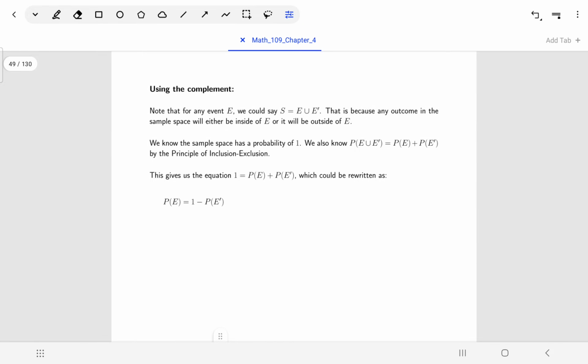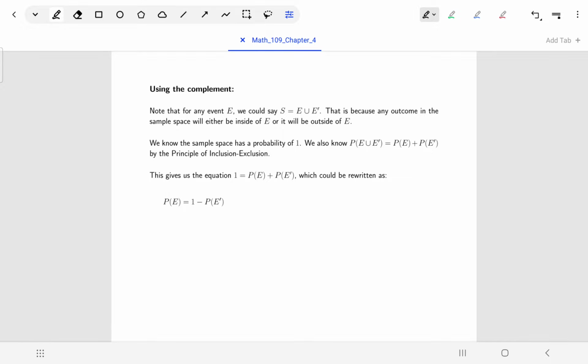Now there is another technique that I want to throw into the mix here, which is similar to counting with the complement. If we're remembering from before when we were counting, if you were looking for the number of ways for something to happen, the number of things inside of an event, a set A, you would just count up the universe and then remove the things that you don't want.